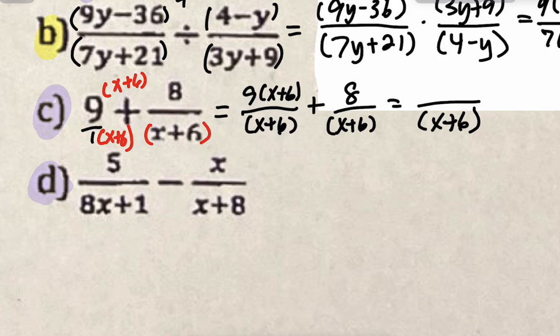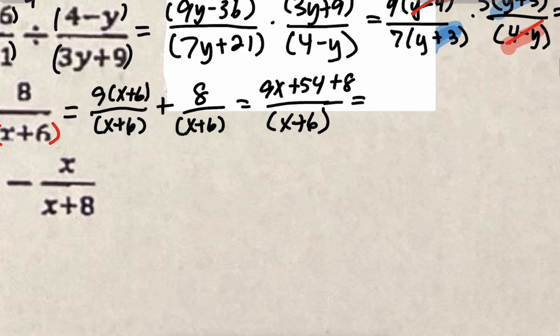Now let's take the 9 and distribute it. We'll do this in one step so that it just makes it a little easier. This would be 9 times x and 9 times 6, and then that plus 8 there. And then the only thing we can do is combine like terms. 54 plus 8 is 62.